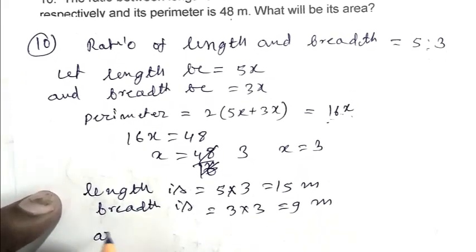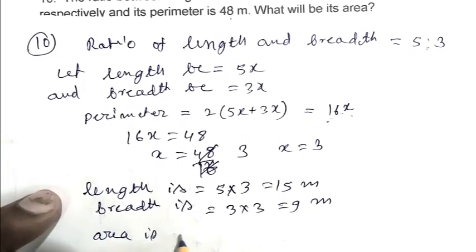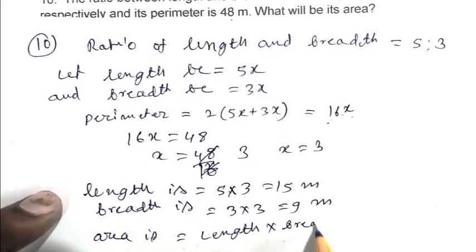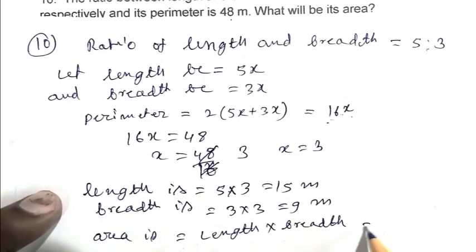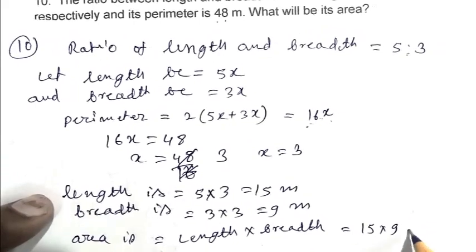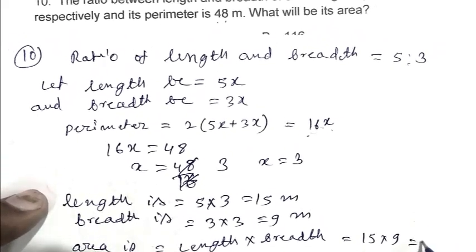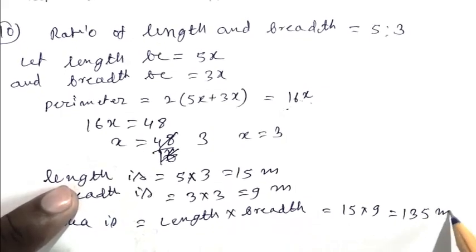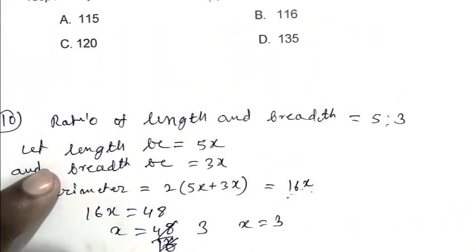So area is length into breadth, that is 15 into 9, that is 135 meter square. So D is the right answer.